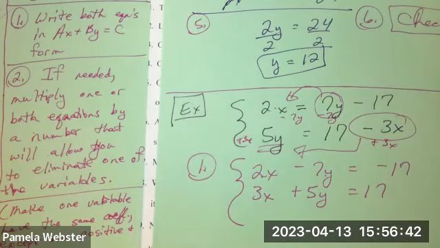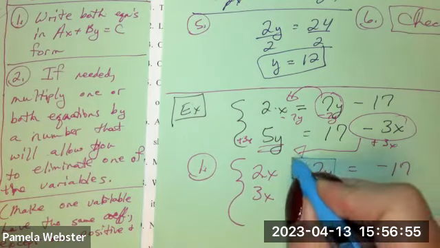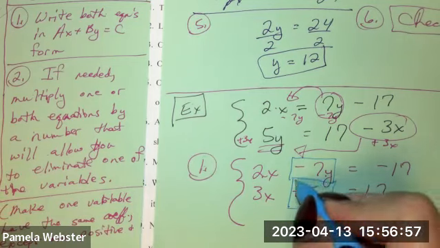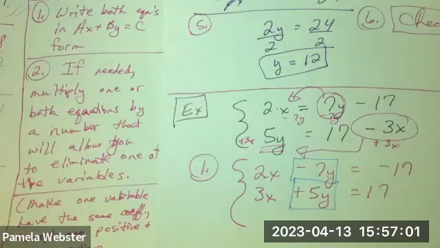Again, you can get rid of whichever variable you want to, but when I see there's a ready-made positive and negative in there, I'm probably going to use that one. The problem is what? This guy is 7y and this guy is 5y, and those don't have anything in common. Like the one that I did earlier was a 2 and an 8, so it was easier for me because I only had to multiply 1.